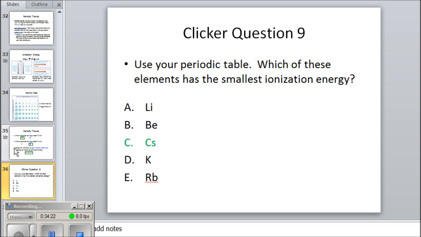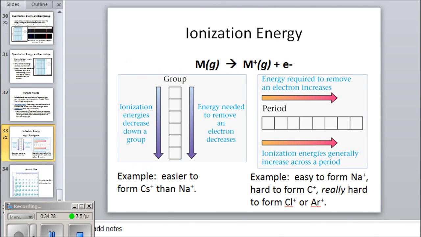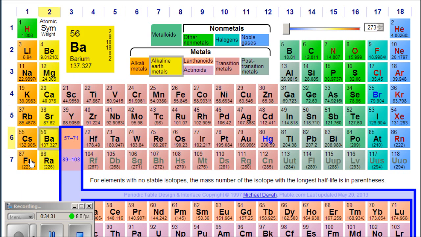And there's yet another periodic trend called electronegativity. Electronegativity is the ability of a nucleus to attract an electron when it's involved in bonding.